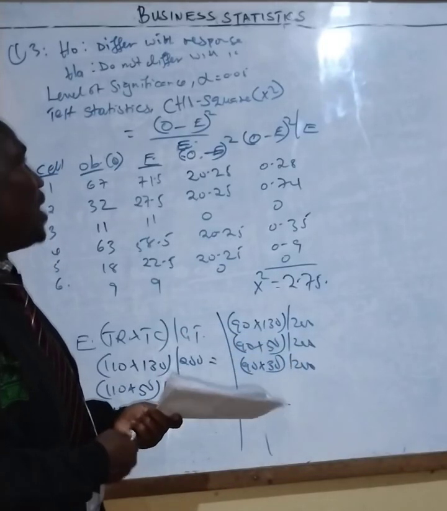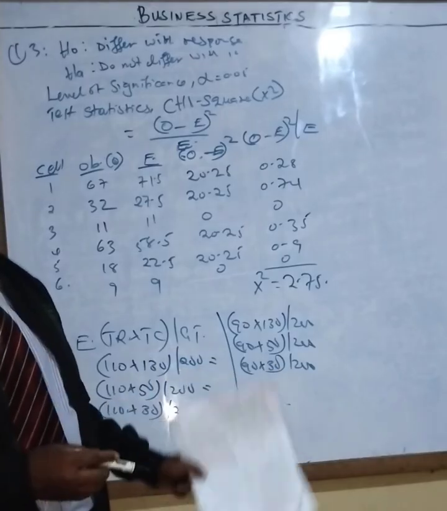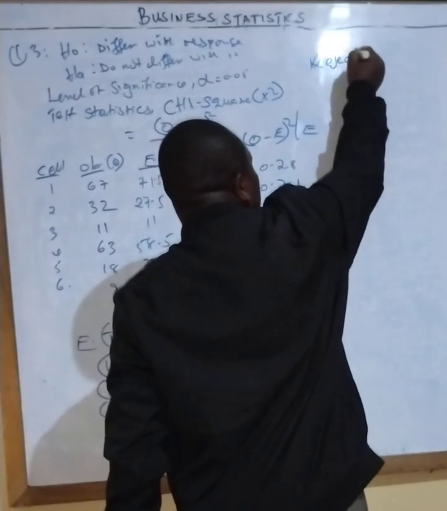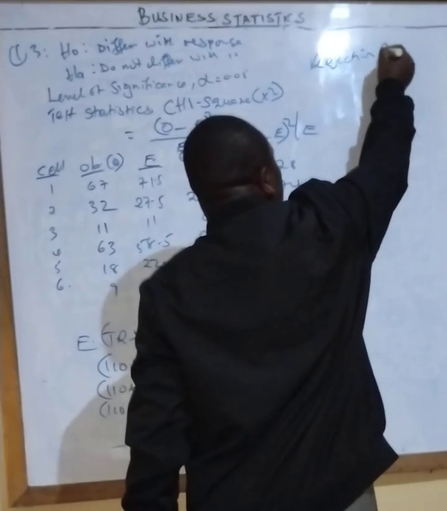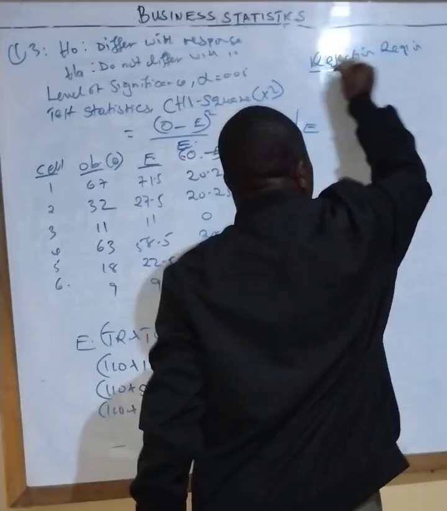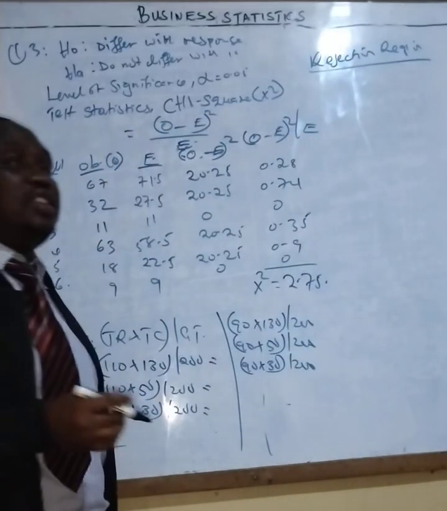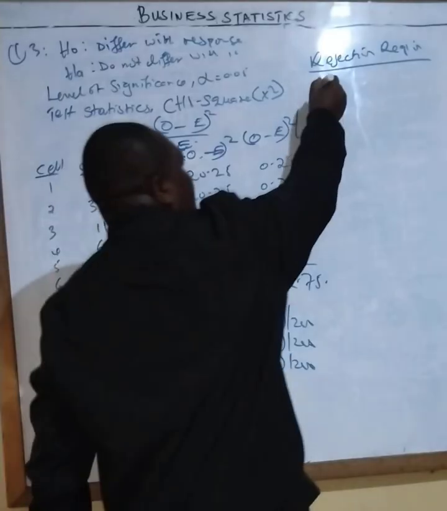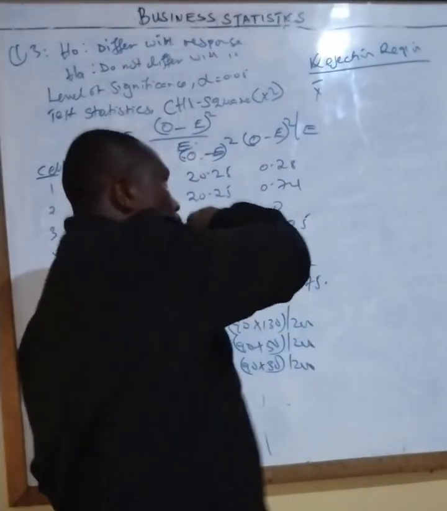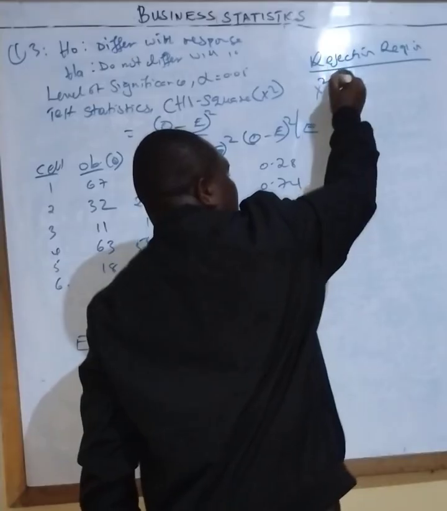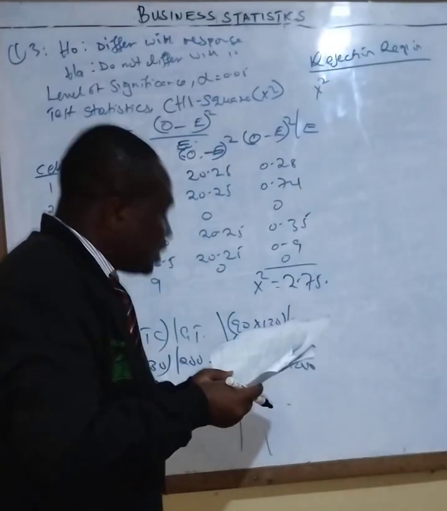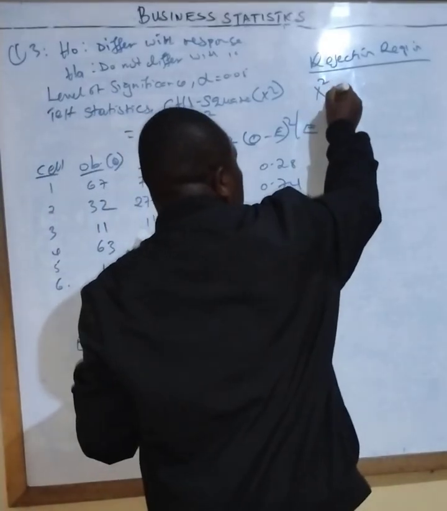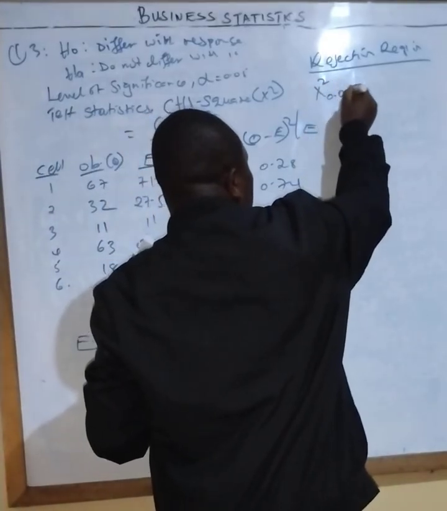From here, we want now to find out what we call rejection area. Rejection what? Region. And how do we get rejection region? It is just reading directly from our table. In this case, for my chi-square, we have been given a significance level of 0.05.